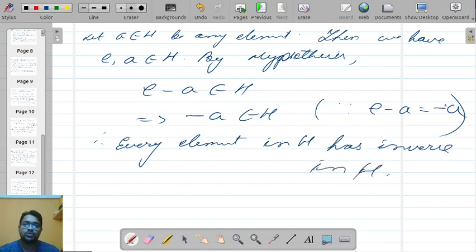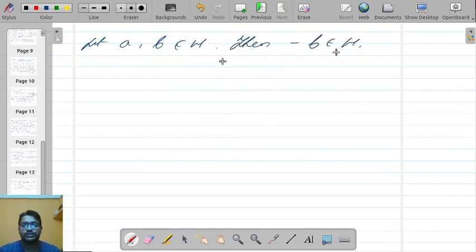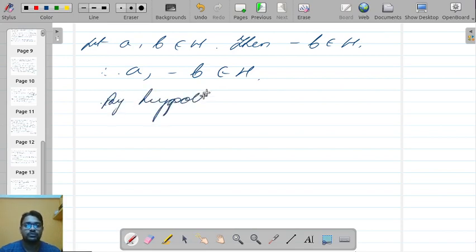Next I have to show the closure property. Let A, B belong to H, then minus B belongs to H. So A, minus B belong to H. Therefore by hypothesis we can say A minus minus B is in H. What is that?